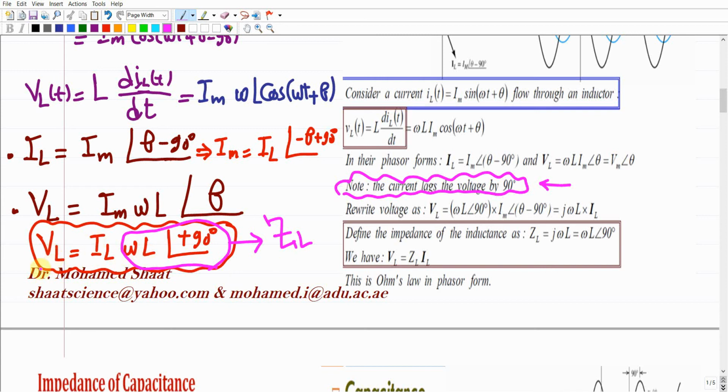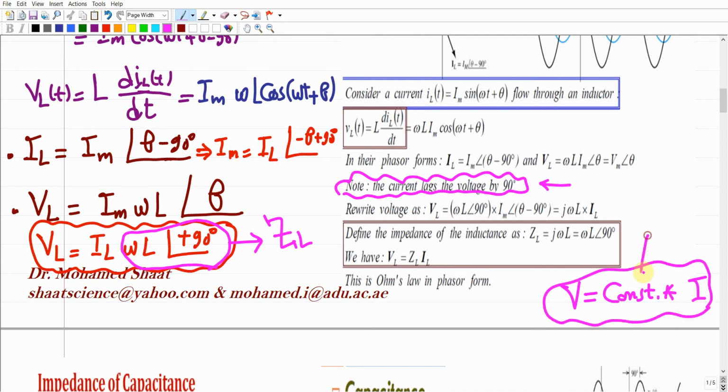So this is how the voltage phasor over the inductor is related to the current phasor over the same inductor, and it looks like Ohm's law. Like this is like a resistance, right? In Ohm's law, we have the volt, it should equal a constant, which is the resistance, times a current, right? This is the conventional Ohm's law.